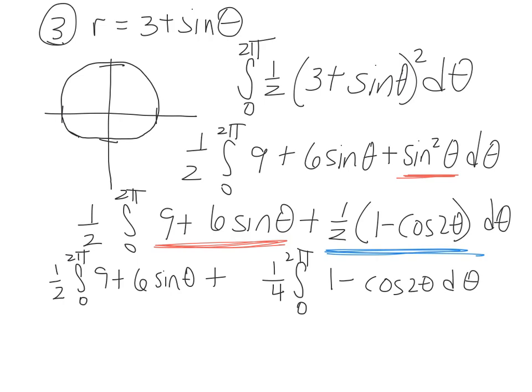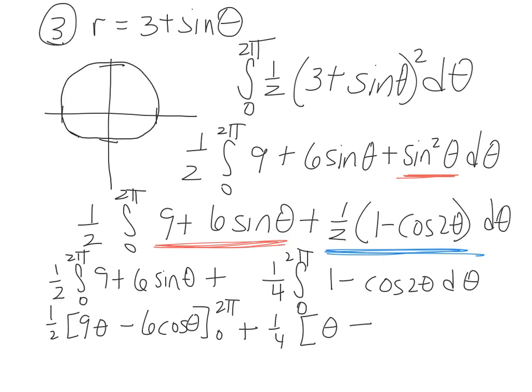So when I integrate this first one, it's going to be 1/2 times 9 theta minus 6 cosine theta, evaluated from 0 to 2 pi. And the next one is going to be, plus in the middle, 1/4 times theta minus, and this is where we're going to use that same thing like we did on the warm-up.